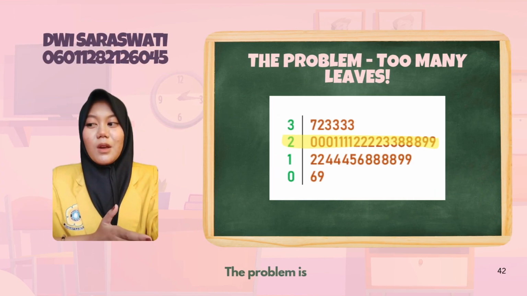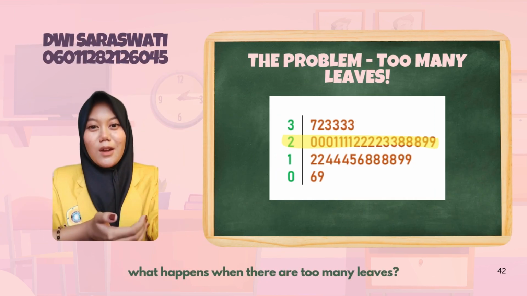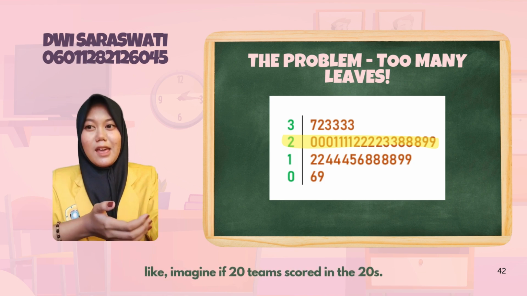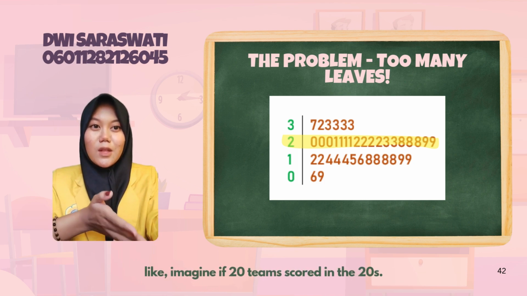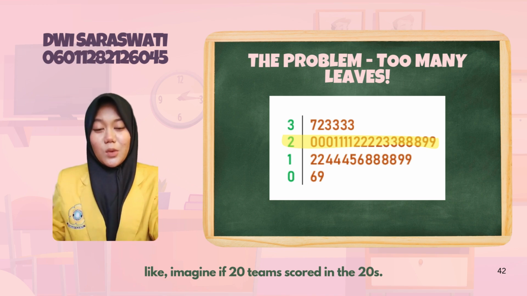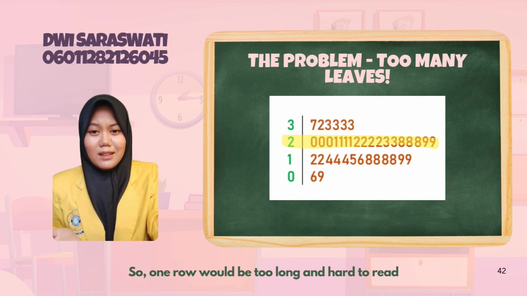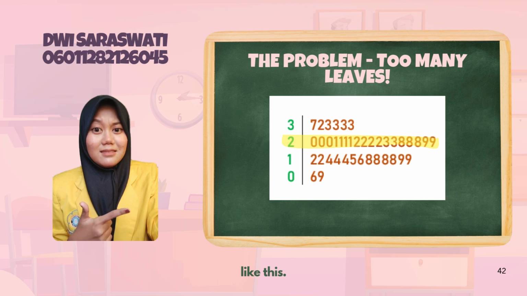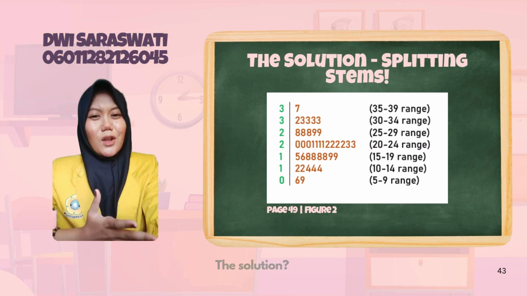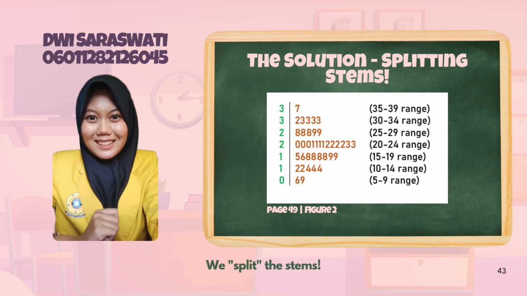The problem is what happens when there are too many leaves. Imagine if 20 teams scored in the 20s. One row would be too long and hard to read, like this. The solution: we split the stems.